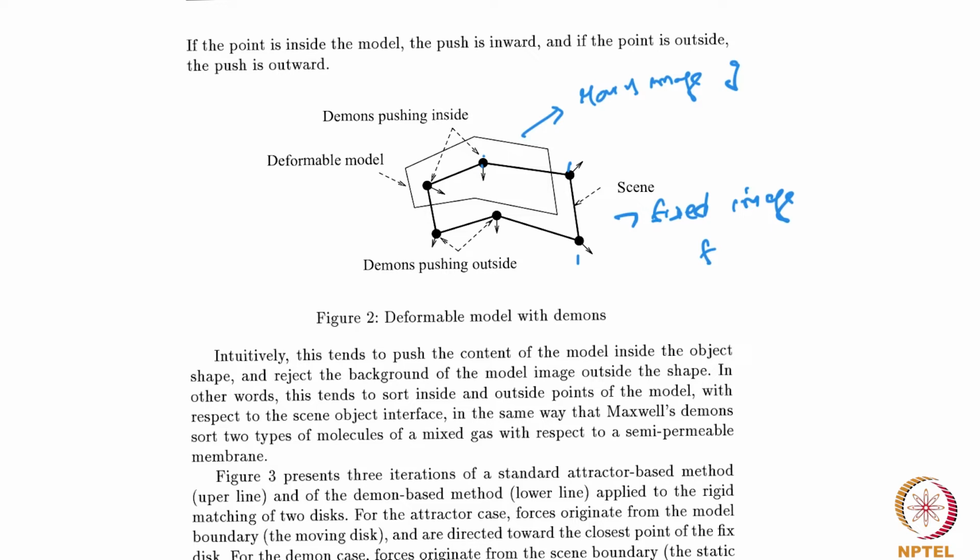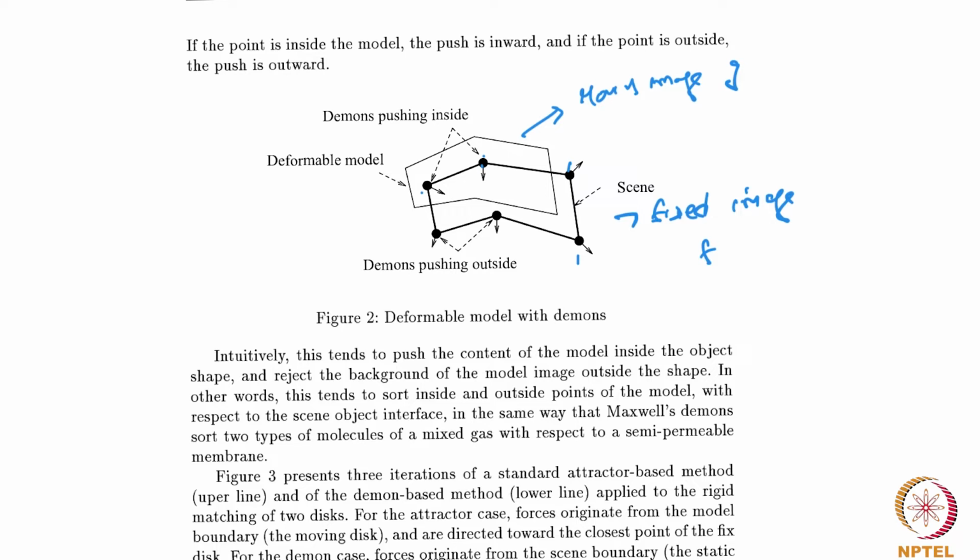So if you look at this, all the points in the scene or the fixed image that are inside the model image or the moving image contours tend to push inside, while those which are outside the model tend to push outside. Okay. So this is kind of like trying to squeeze your moving image into the fixed image, correct? So the demons decide which points to squeeze in and which points to squeeze out.